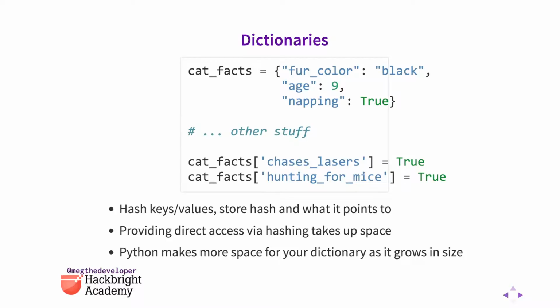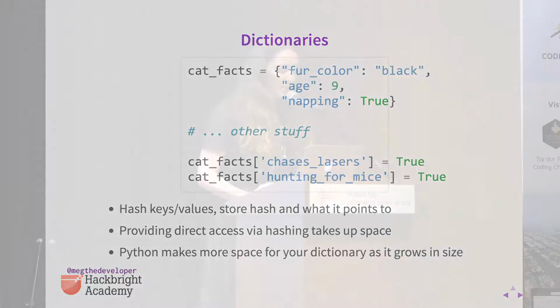And if I had 10,000 keys in that dictionary, Python would be like, I can handle it. I got you. I'll make room for your keys. The reason dictionaries are fast is because they hash keys and values. Python stores the hash and what it points to in the dictionary, which provides direct access via hashing, but it takes up space. So Python makes more space for your dictionary as it grows in size. As it gets bigger, it might take up a lot more space depending on how at capacity that dictionary is.